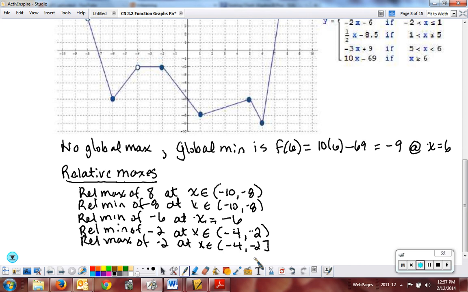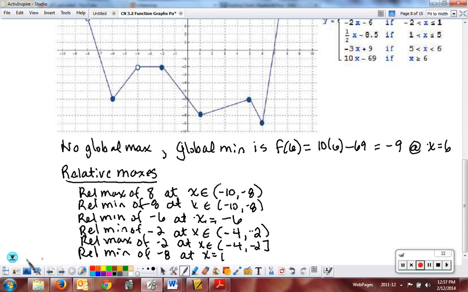All right, what's the next one that's important? Next y value. -8. Relative, what is it? Relative min of -8 at x equal to 1.